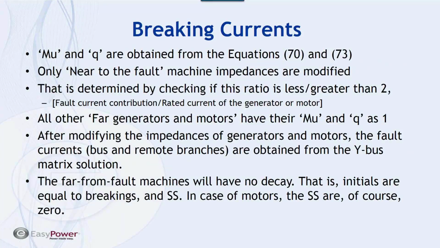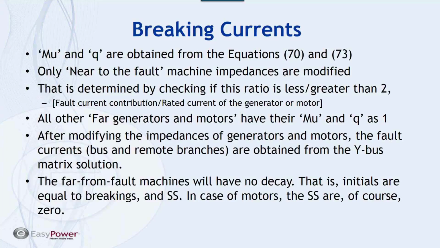If you have a machine whose fault current does not go up twice as much as the rated value if there is a fault, that would be a machine which technically doesn't see much decay. Imagine that would be a generator or a motor which has a lot of impedance between the terminals of the machine and the fault point. Those impedances do not allow the machine to see and contribute directly.